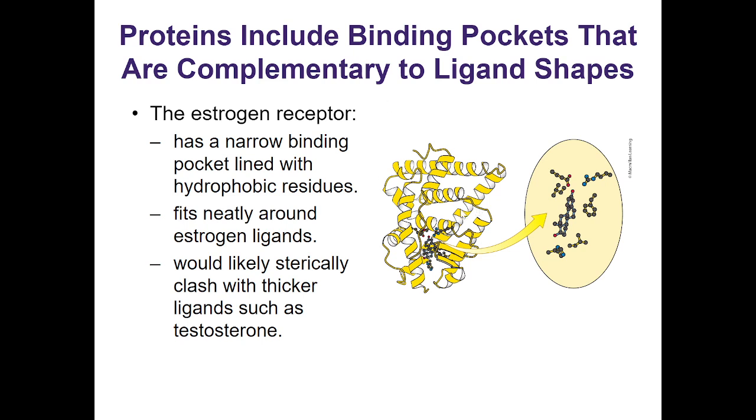So you guys tell me, I'm tired of talking. Tell me what's going on with this. Can it be too big? Could your pocket, your receptor site, be too big for your ligand?